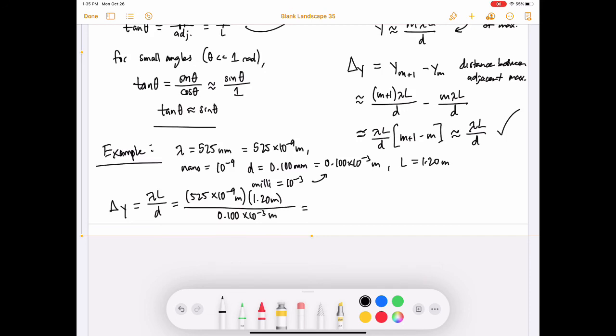So unit-wise, this comes out in meters. And if you calculate the result, you'll get 0.00630 meters, which is the same as 6.30 millimeters. So in this example, the bright spots are separated by 6.30 millimeters on the screen. Okay?